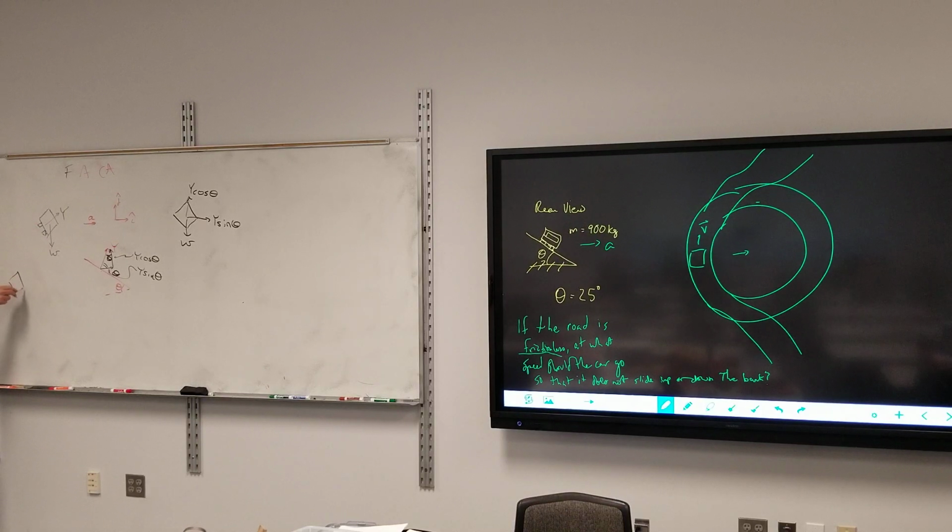I know what people are doing, but if you put y sine theta, y cosine theta, and y all in the same one, it looks like you've got two different normal forces involved. That's just bad form.